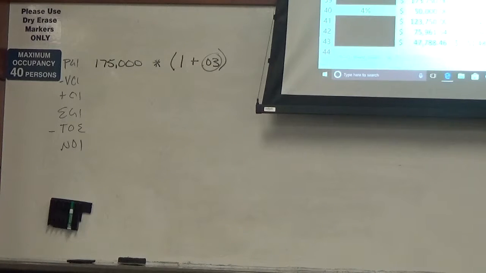Okay, so for year 3, I could go over here and take that times 1 plus B36, but go in and make the B36 a static cell reference.